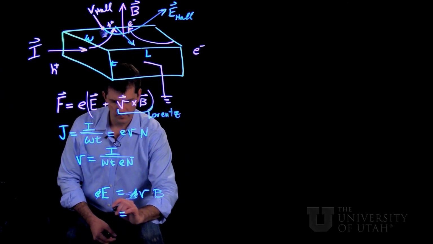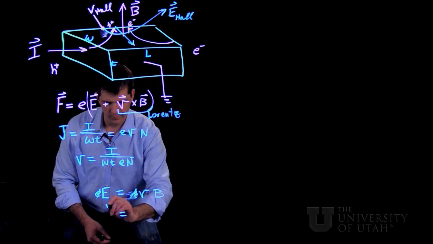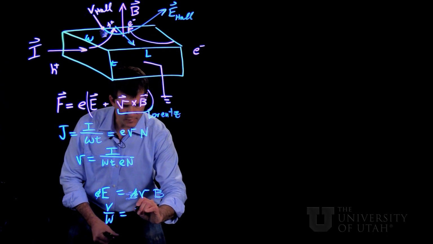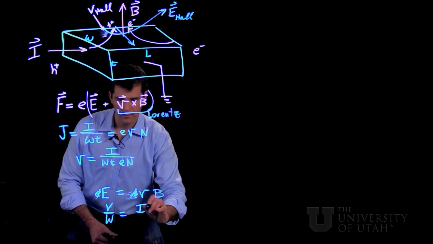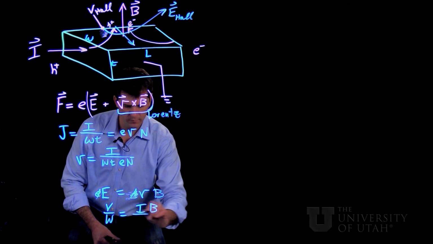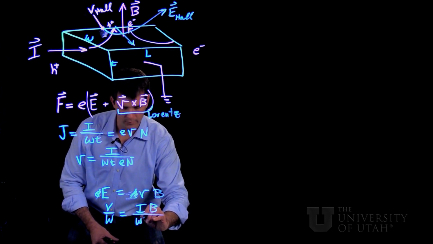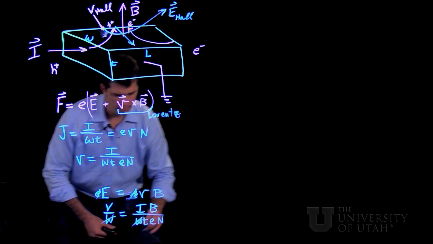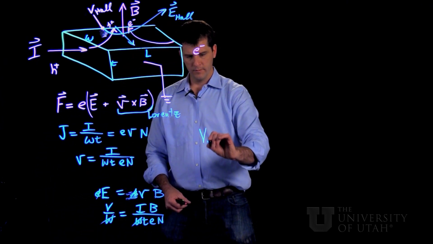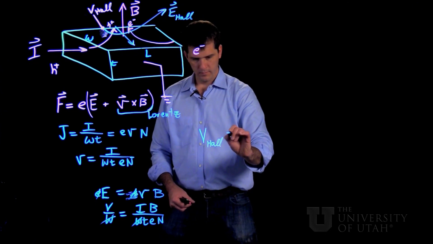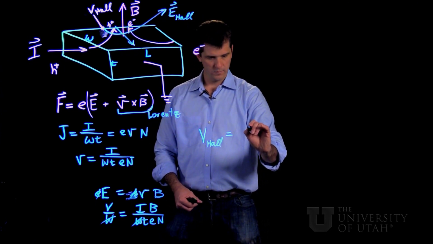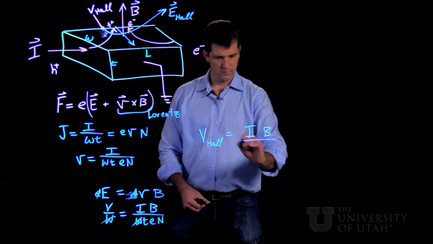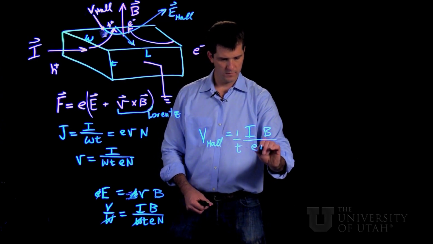We end up with E Hall, which we're going to rewrite as V over the width, is equal to the current times B over width, thickness, E, N. Widths cancel, and we're left with V Hall equals IB over EN.